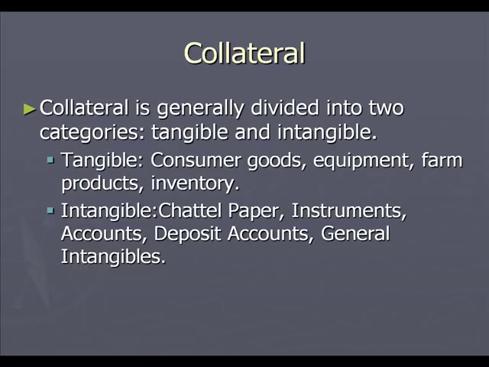Chattel paper is listed here, and interestingly enough, chattel paper is actually a security interest document. So that would be the security agreement that gives someone the rights to collateral. So that security interest could actually be pledged as collateral for a different loan.